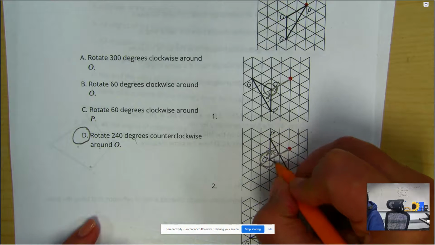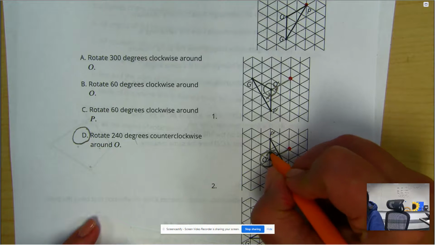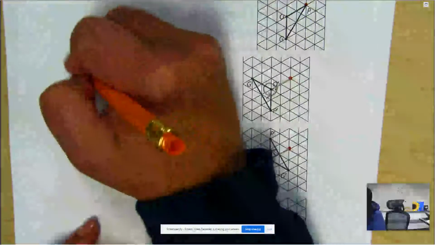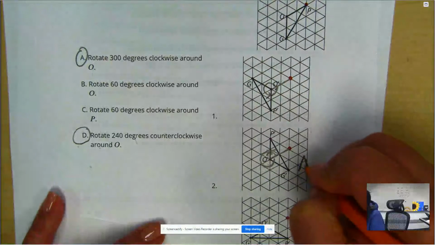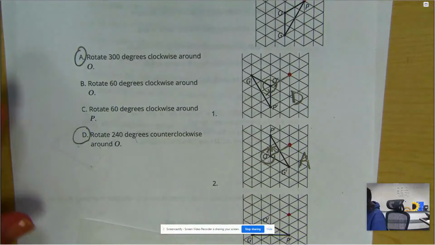Well, one full revolution is 360. So 360 minus 60, that'd be 300 the other way. Look, 1, 2, 3, 4, 5 of those triangles. So that's 300 clockwise around O. I forgot to write the letter on this one. Sorry.